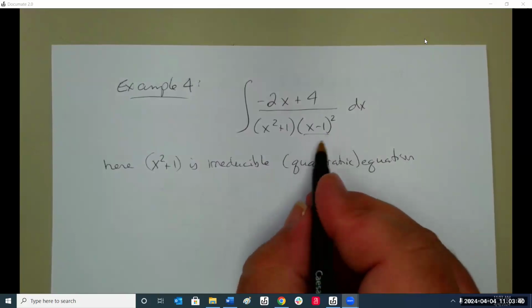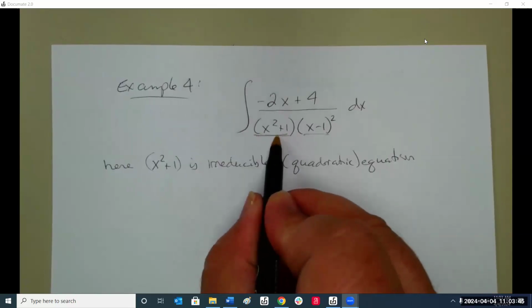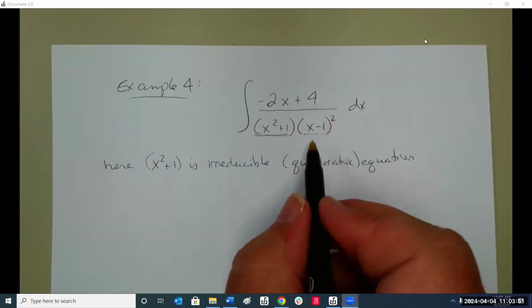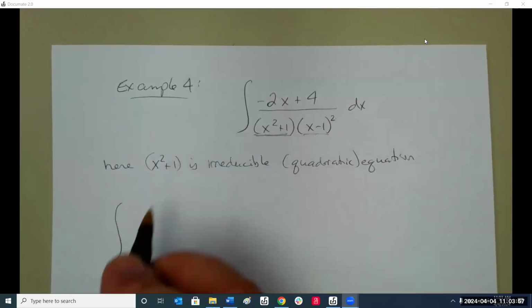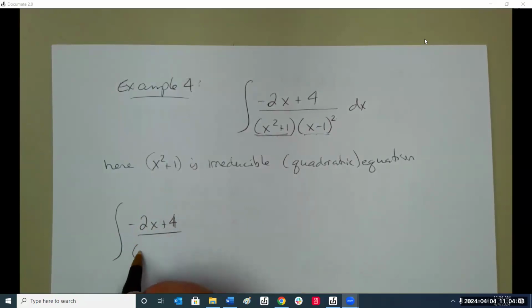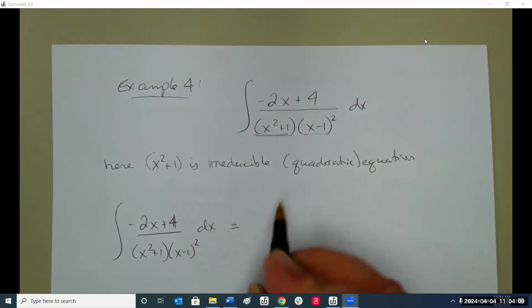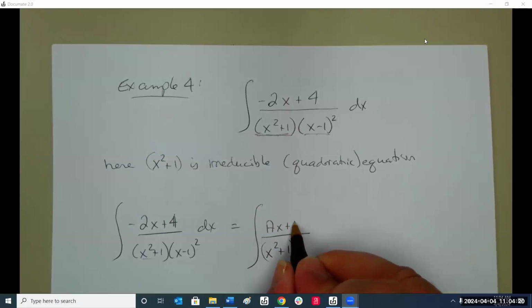And then this one, we have 2 linear ones. So what's going to happen is we're going to have one partial fraction for this one, and then 2 more for these 2. So we're going to have 3 of them. For the first one, we have x squared plus 1, so we have to have ax plus b.